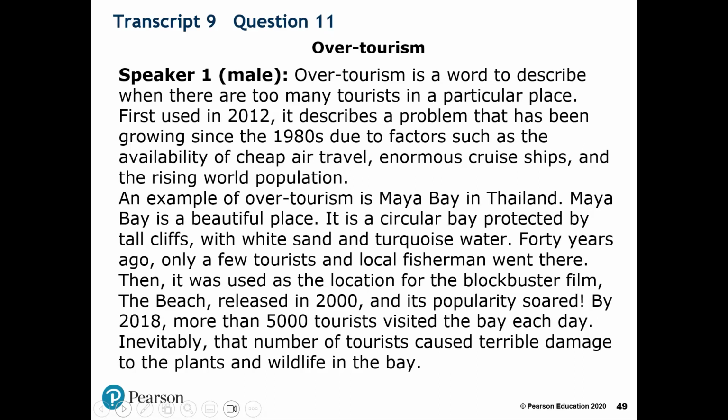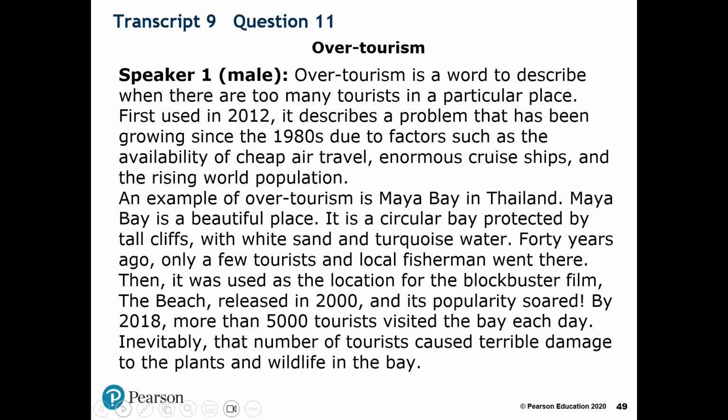So that's complexity. And this phrasing, first used, it doesn't say it was first used, just first used. So using that participle phrase there again gives authenticity, but it also gives that text a feeling of academic demand, if you see what I mean.